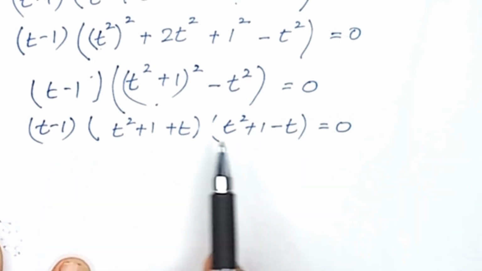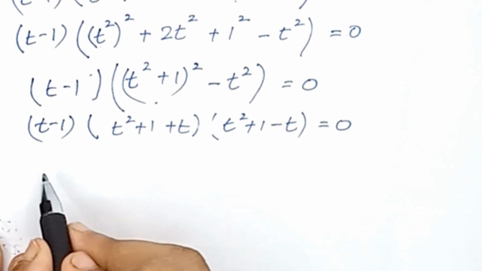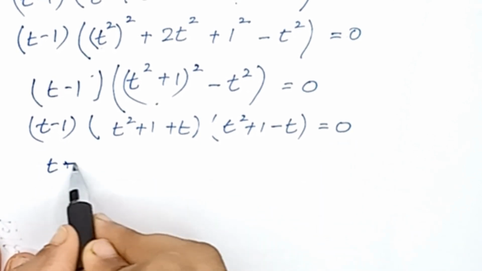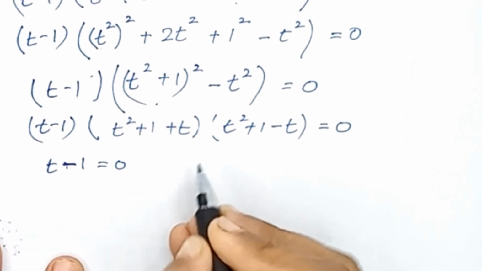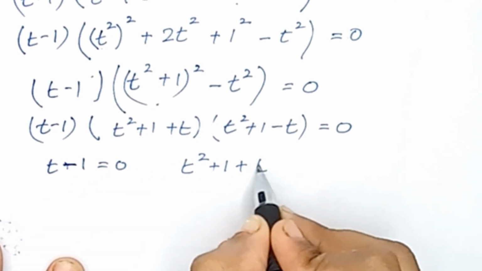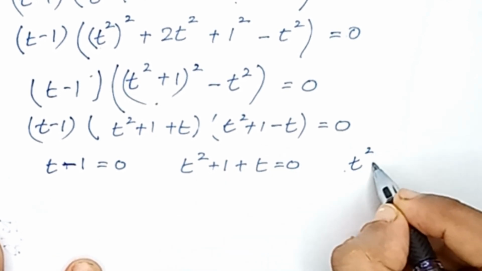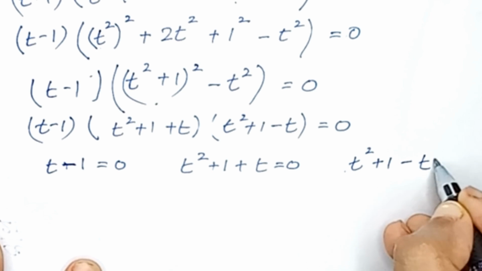Now we have three factors which are equal to 0. So it will become t minus 1 is equal to 0, or t square plus 1 plus t is equal to 0, or t square plus 1 minus t is equal to 0.